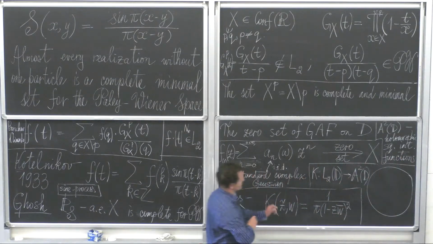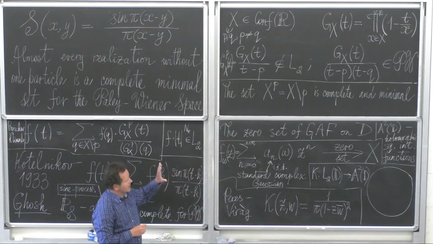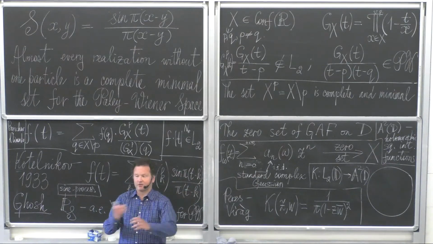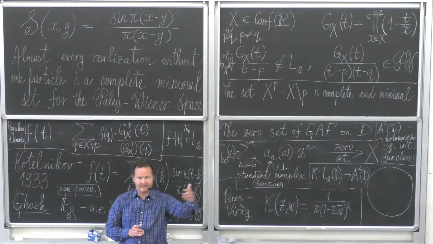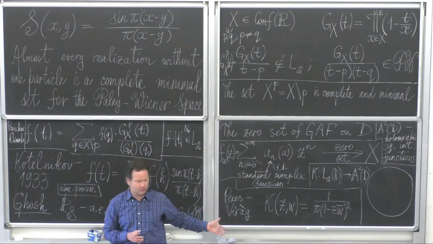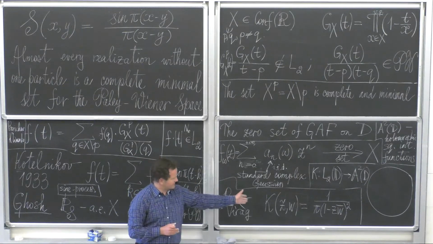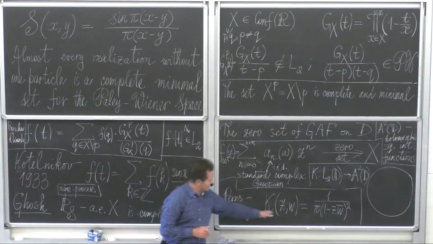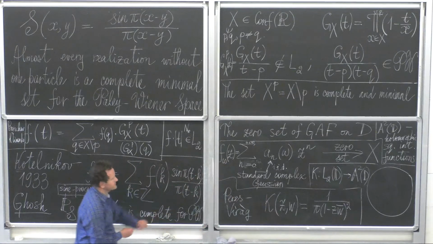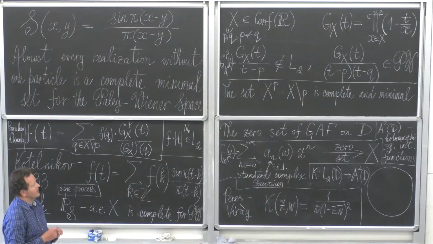The basis is the usual basis, 1, z, z squared and so on. So the norm of z to the k squared is 1 over k plus 1, and the series gives the Bergman kernel.